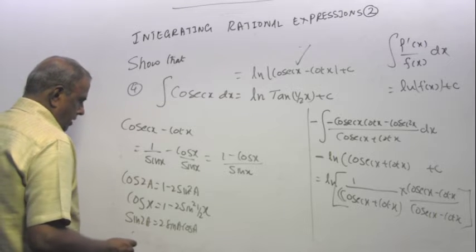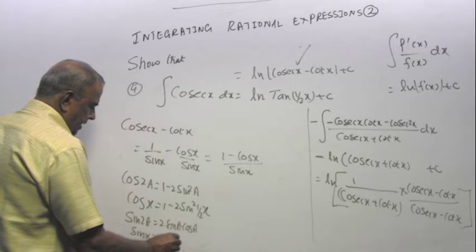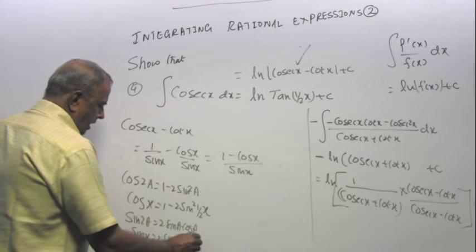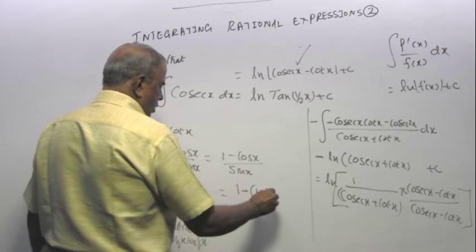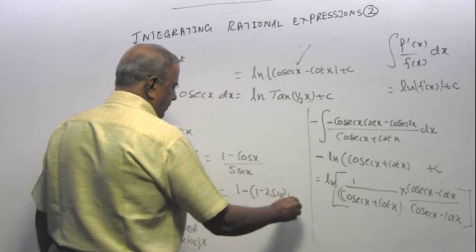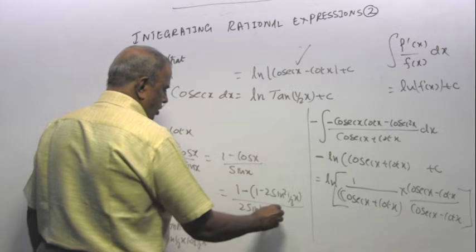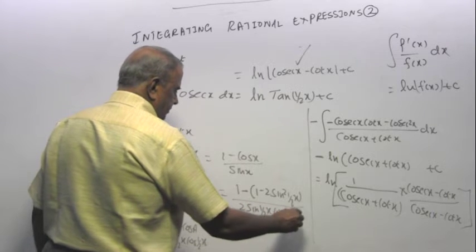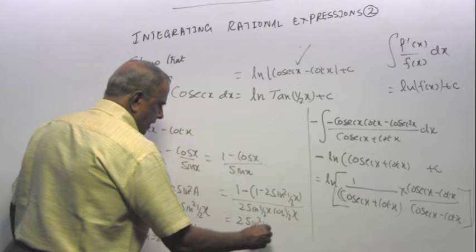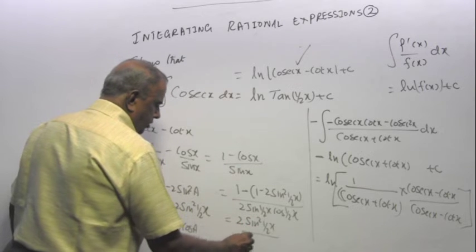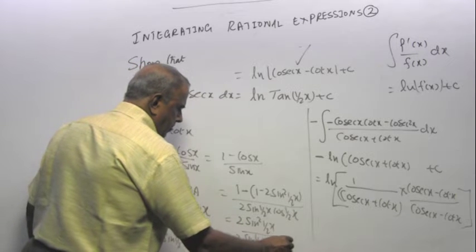So sin x equals 2 sin half x cos half x. So it becomes 1 minus 2 sin squared half x over 2 sin half x cos half x. 1 and 1 cancel, so I get 2 sin squared half x over 2 sin half x cos half x.